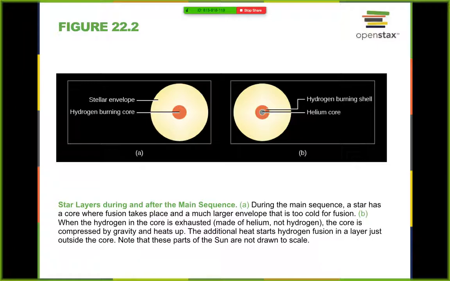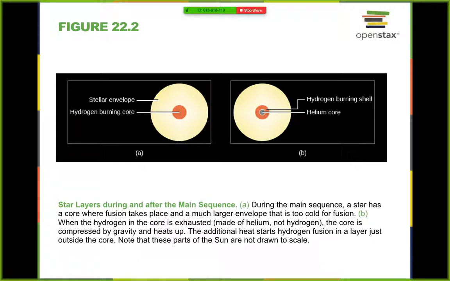Now, surrounding the core, which is illustrated in figure B by this orange hydrogen burning shell, the hydrogen that surrounds the core, that was once part of the stellar envelope, starts fusing. And the fusion of hydrogen there releases energy.